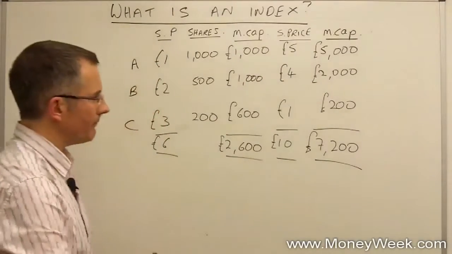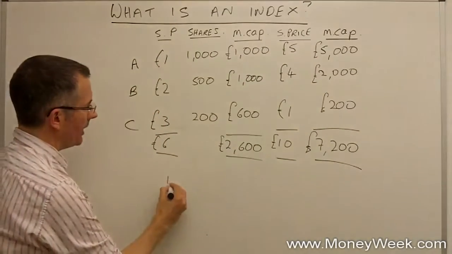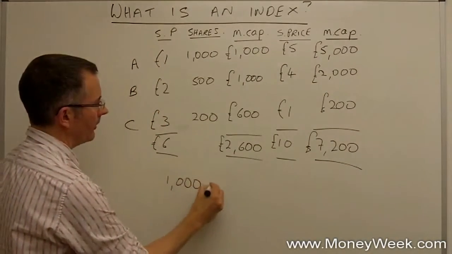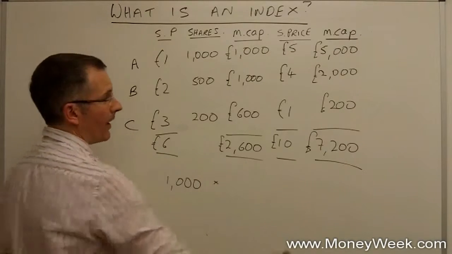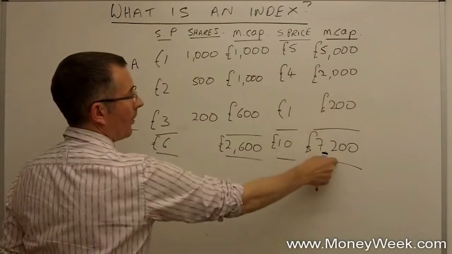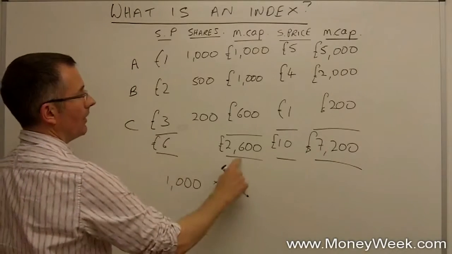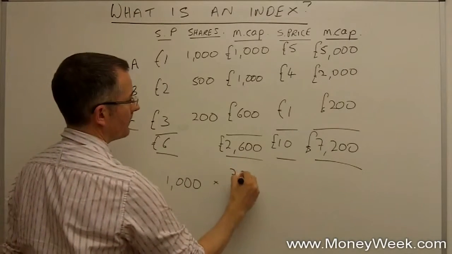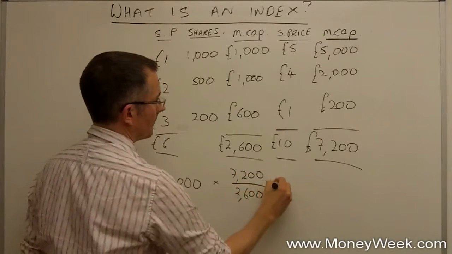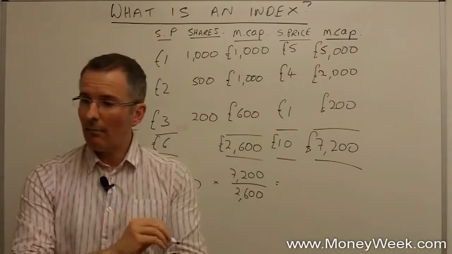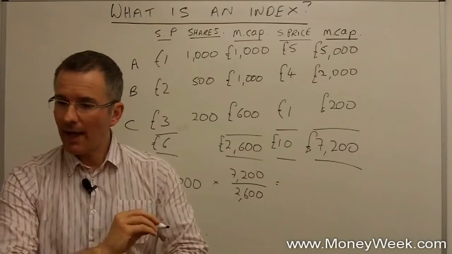So if I started my index a year ago at 1,000 points, what I could now do to work out where it is now is take the market capitalisation now compared to the market capitalisation a year ago, and that will give me my new index level.